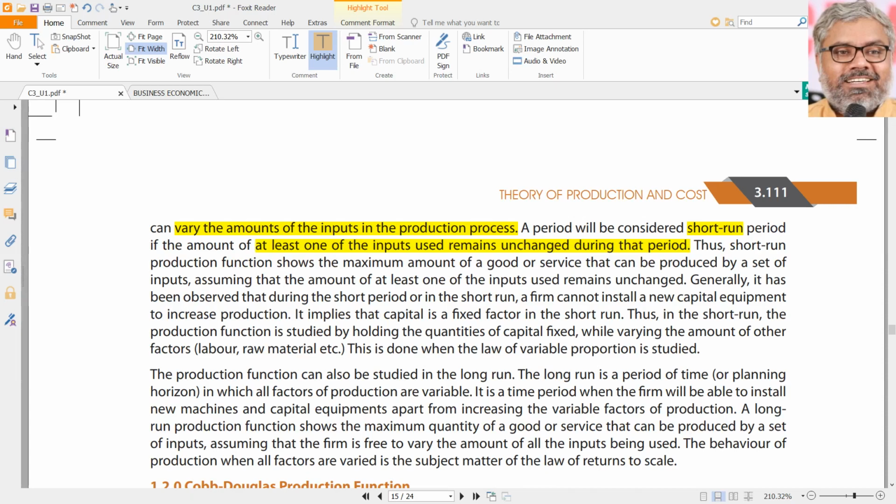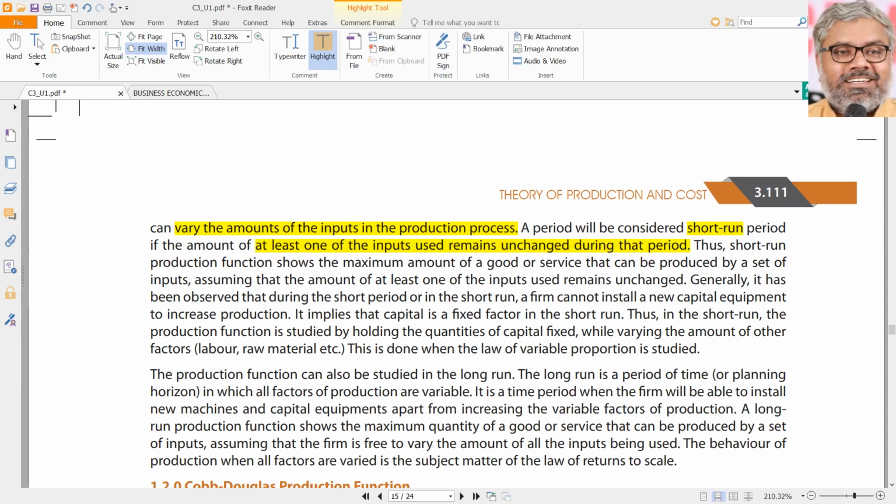We are talking about the overall period in which at least one of the inputs remains unchanged. Means one input at least is constant. Which input is constant? Whatever input it could be. That we don't know, we don't need.